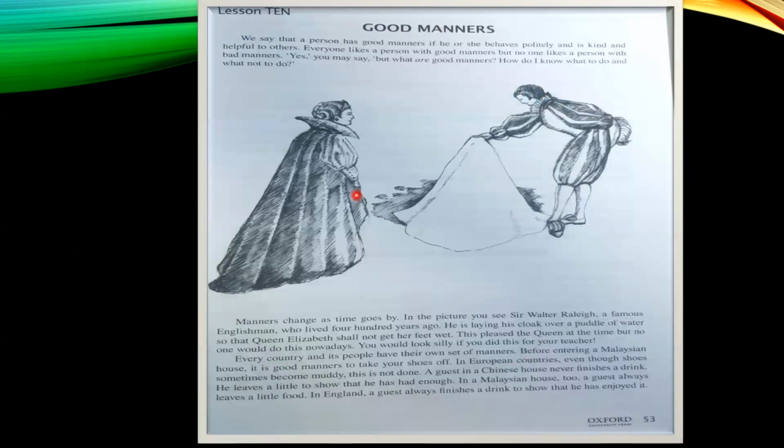Dear students, you can see in the picture two persons, one is a woman and the second is a man. Let's see what they are doing. First we have lesson number 10, Good Manners. We say that a person has good manners if he or she behaves politely and is kind and helpful to others.